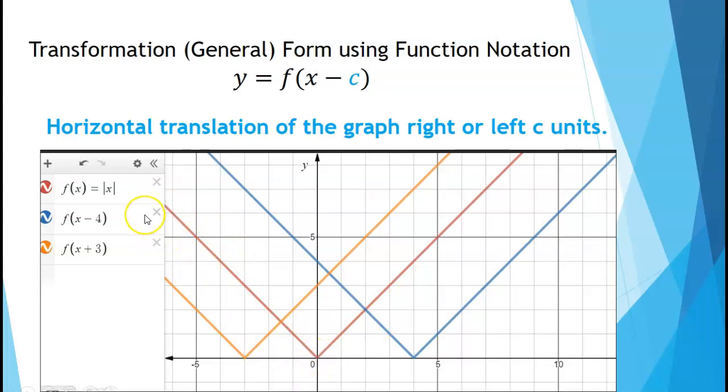In the blue graph, I changed the parameter c to 4. So I just put a 4 in place of the c, and I have x minus 4. That means the value of c is a positive 4. This will horizontally translate the parent function 4 units to the right.